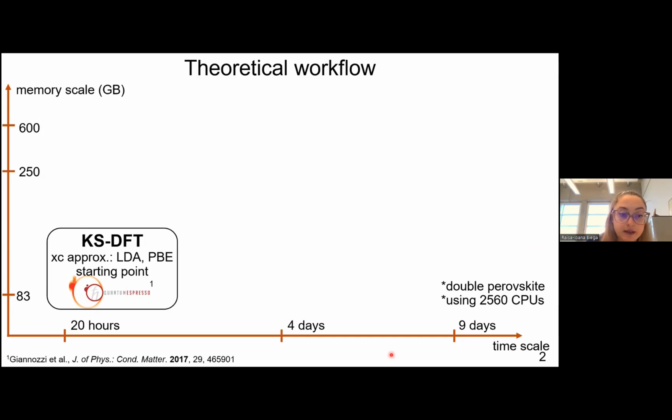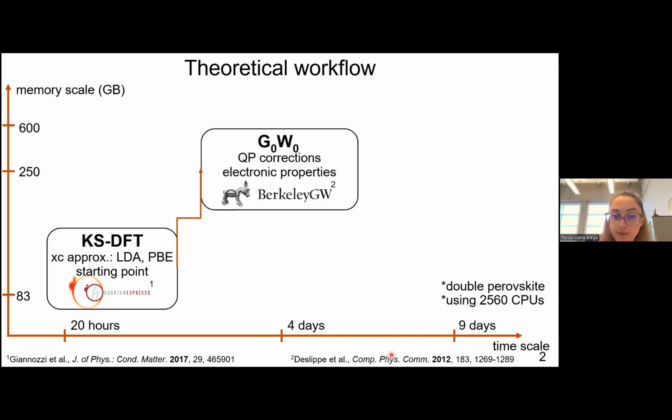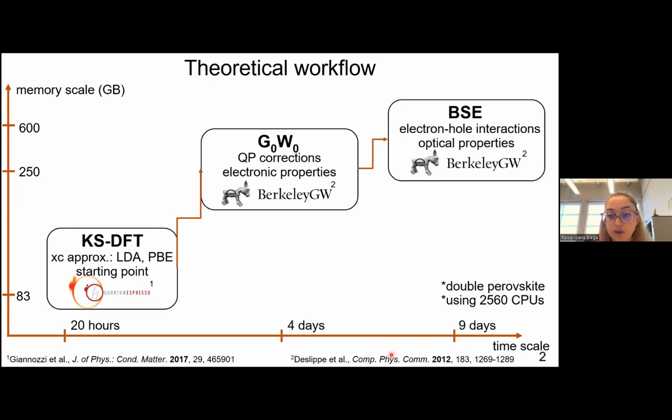So you see that the first part, the mean field calculation, the starting point takes about 1 day. Then those quasi-particle corrections that lead to more accurate electronic properties, that is another 3 to 4 days usually. And also the memory requirements increases drastically. And then I go to the Bethe-Salpeter equation, then I include the electron-hole interactions, and that is more or less 10 days.